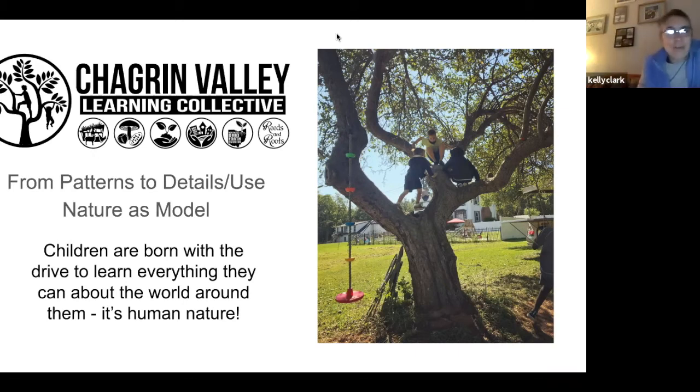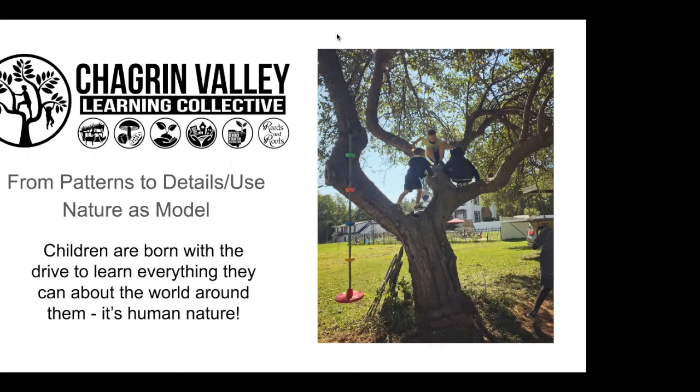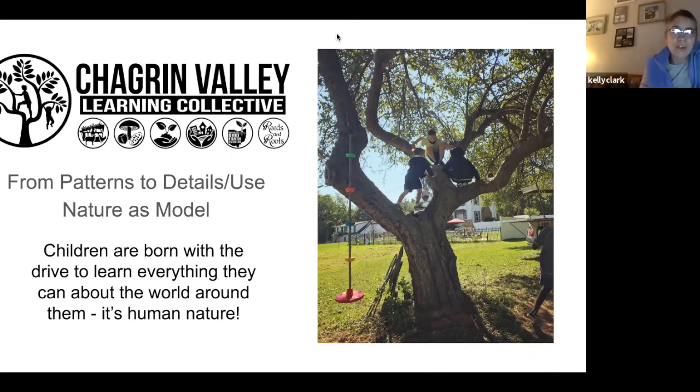So I would say our model for the Chagrin Valley Learning Collective is human nature. And we're basing our model on the belief that humans want to learn, they want to constantly learn, and they also want to be competent members and contributing members of their society.